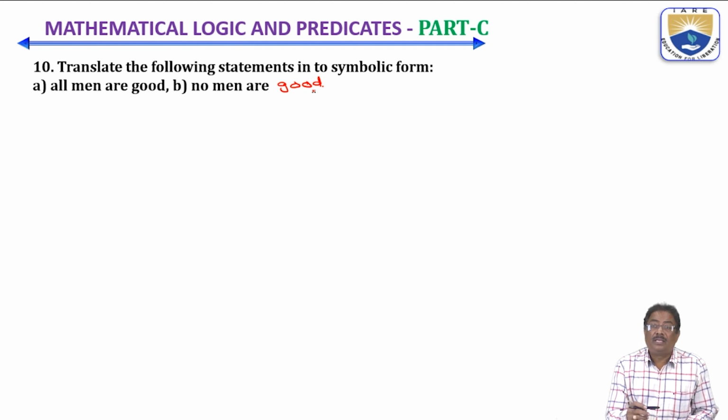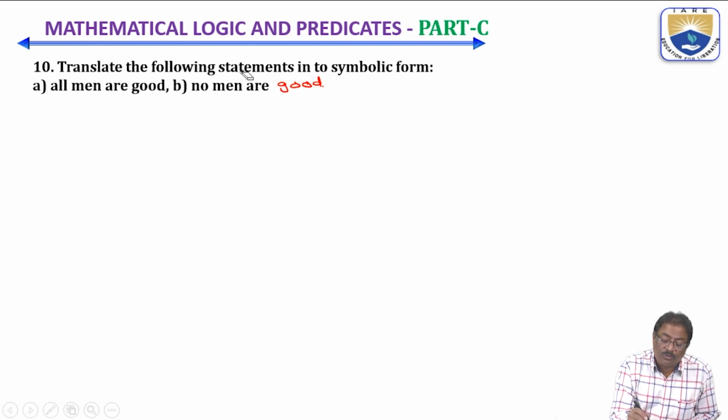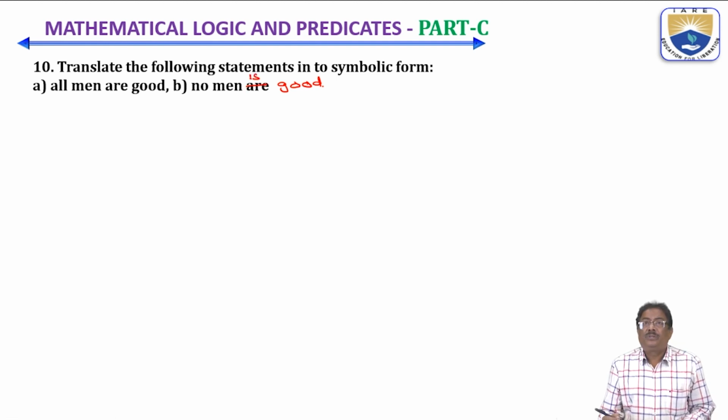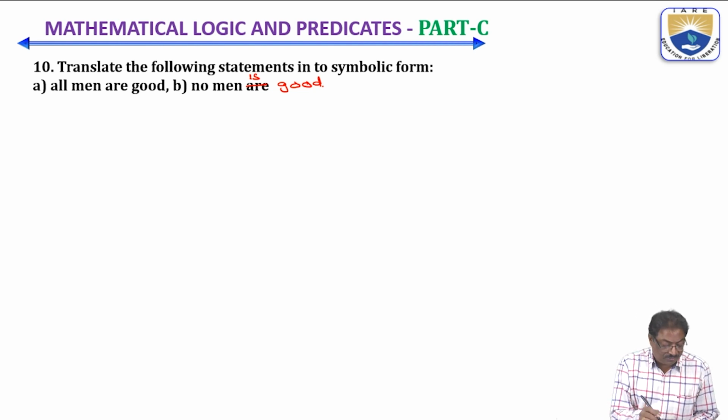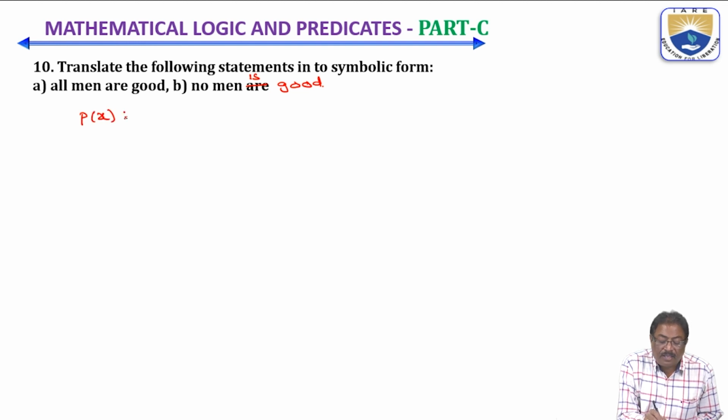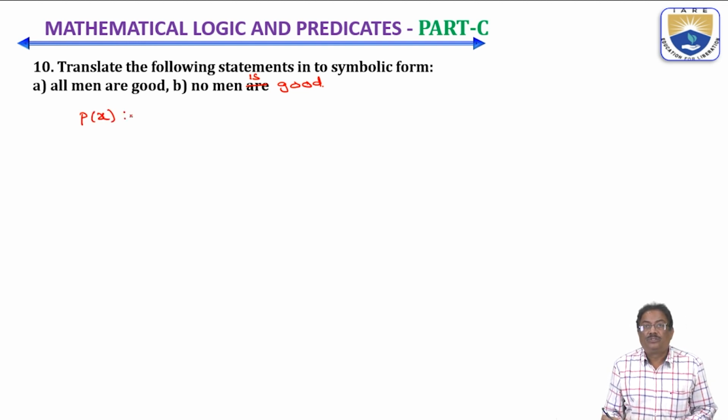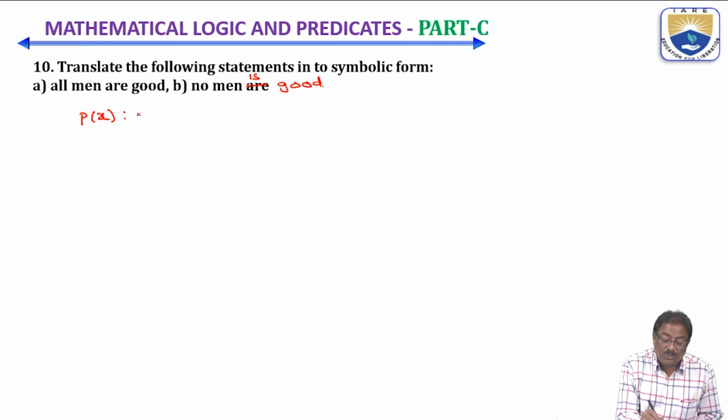Here we are going to write no men is good. Now to translate this into a symbolic form, we are going to use a predicate calculus concept. So let us say the predicate or open statement P of X is equal to, X is a man.